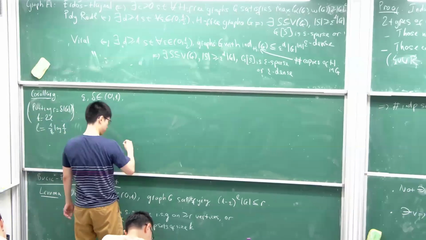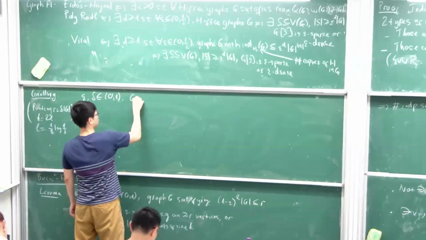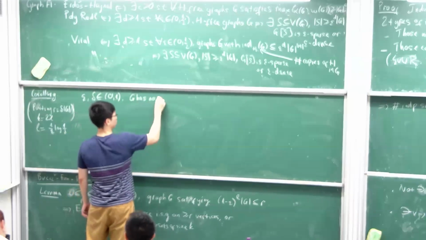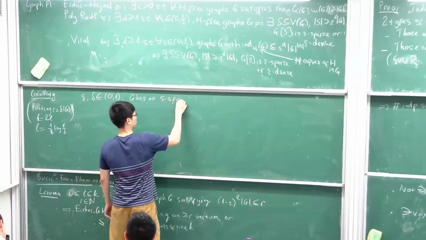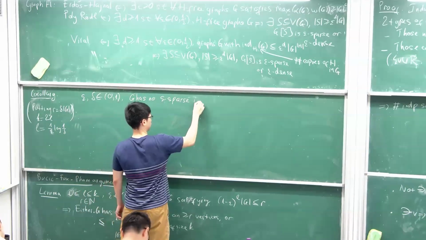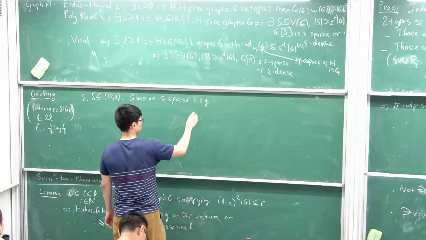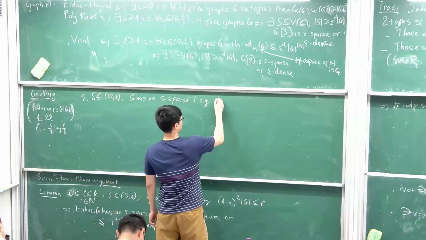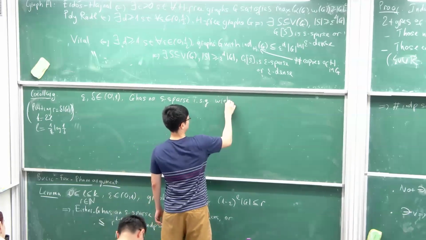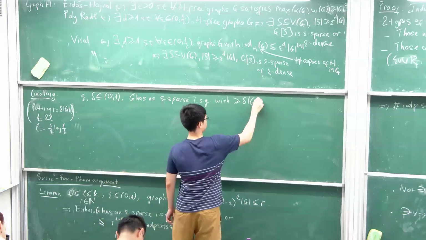Let me assume that G has no epsilon-sparse induced subgraphs with at least delta times G vertices.